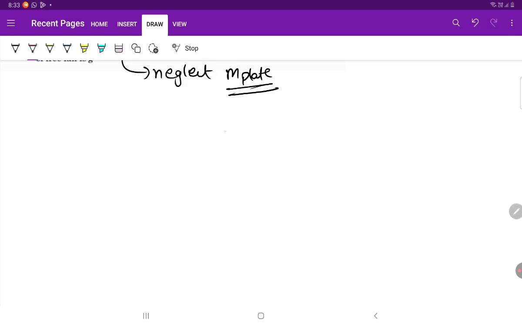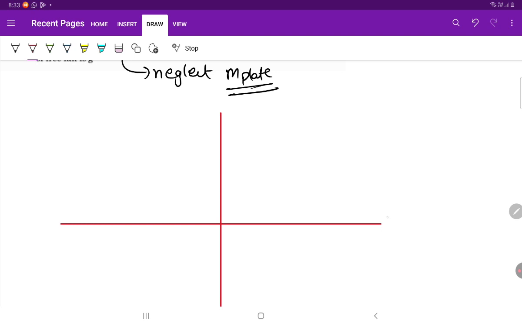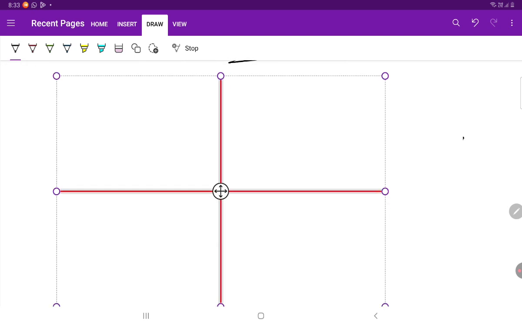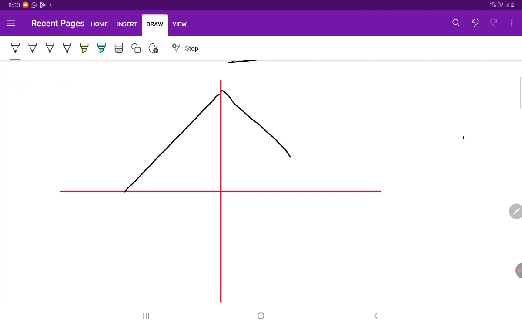First, we'll be drawing some xy axis, and suppose this is my square plate. Considering the diagonals as the xy axis, this end is L comma 0.